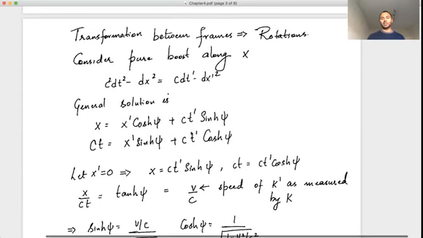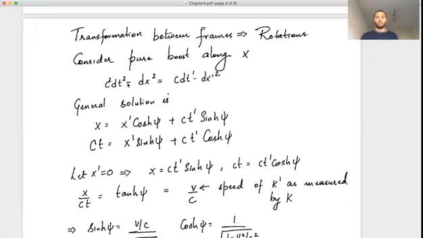And so the most general solution, you can express it in terms of hyperbolic trigonometric functions. So you have x equal to x prime cosh psi, where psi is the angle of rotation between the two frames, plus ct prime sinh psi.